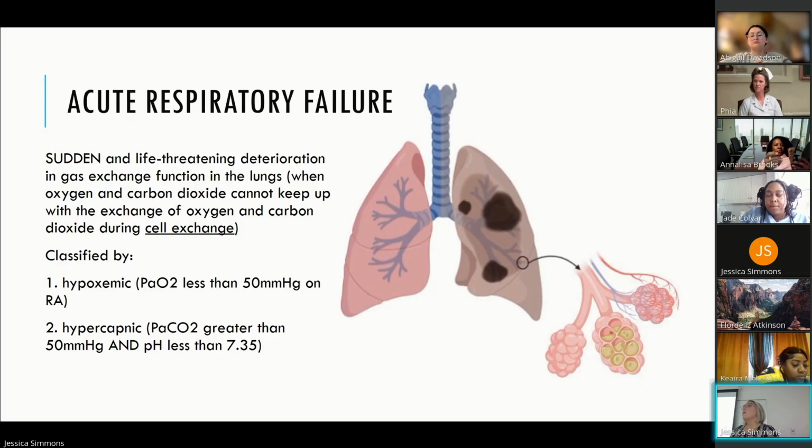And then they also become hypercapnic, which means the CO2 is greater than 50 millimeters of mercury and the pH is less than 7.35. So your cells are demanding more oxygen than your lungs can give them.